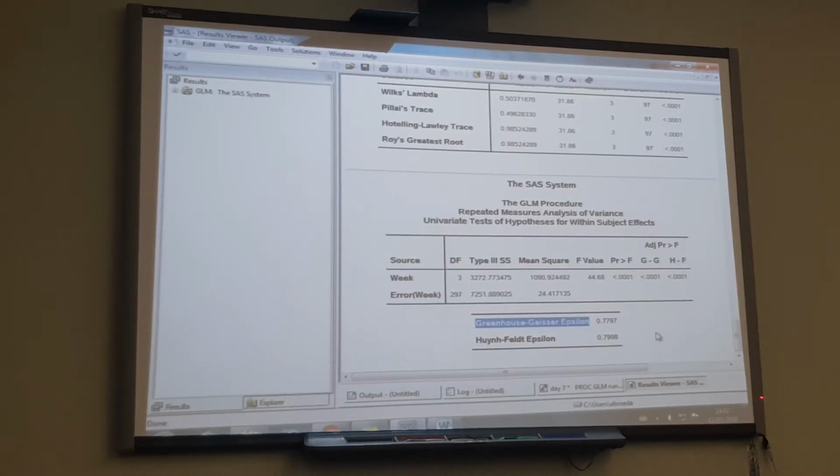Because variance and covariance are not equal, sphericity is not assumed. This is the major limitation of ANOVA. So now we did not report the result of ANOVA. Why? Because of the assumption that limits ANOVA.